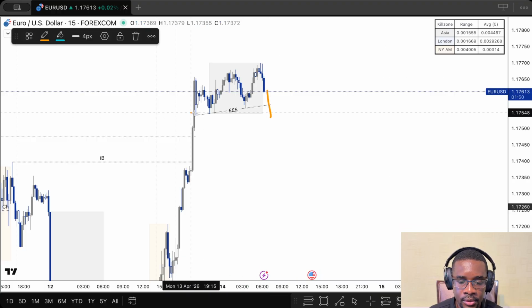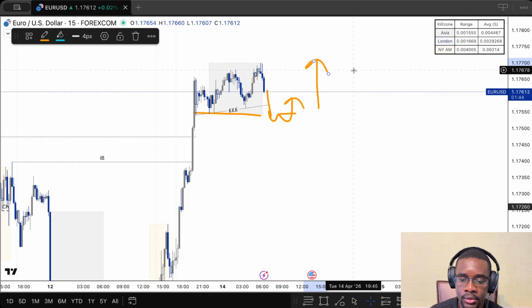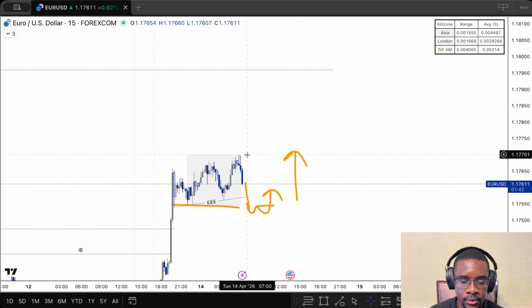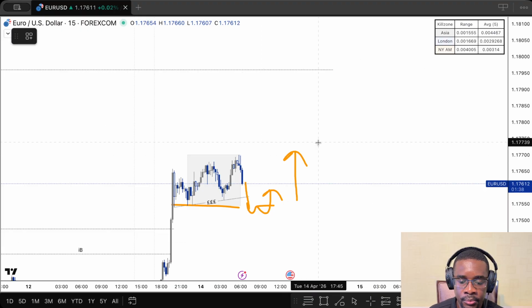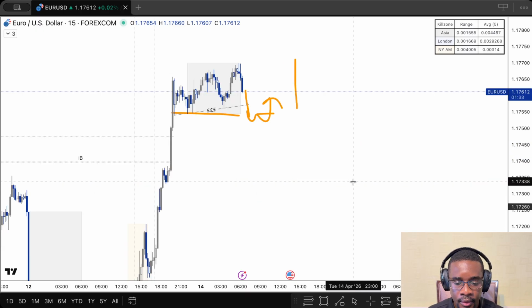Price could take out these areas, and then if we get confirmation, then you're looking for longs targeting the Asia high or this area at the top, but minimum looking for 3 to 1. So that was the trade idea for this one.